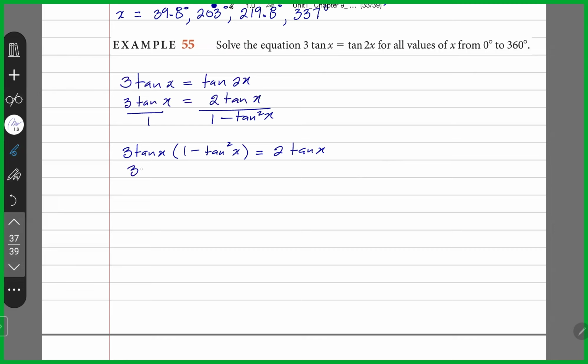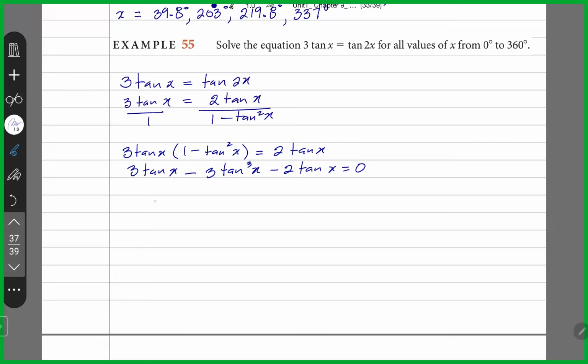So I have 3 tan x minus 3 tan cubed x minus 2 tan x is equal to 0.